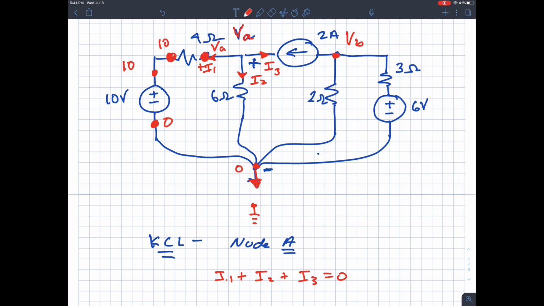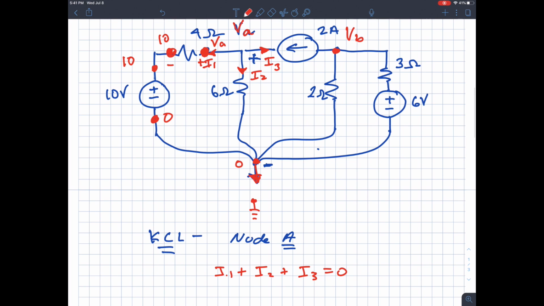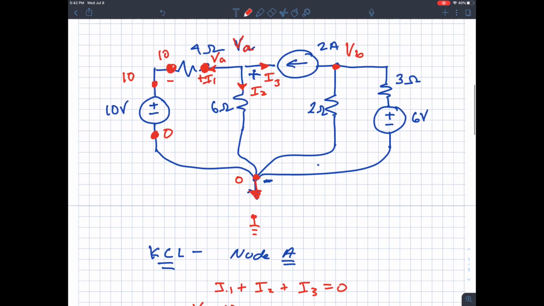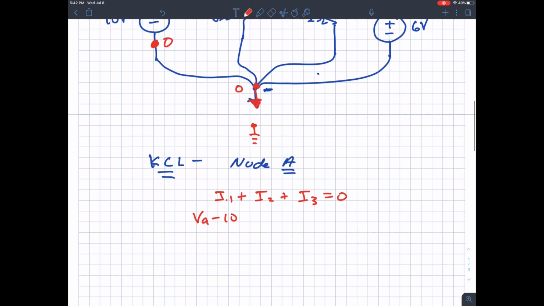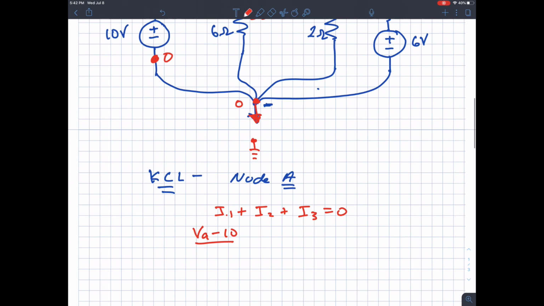We put a plus on the first side of the dot and a minus on the second side, and we say that's the voltage across that resistor. So I can write down the voltage across the resistor as VA minus 10. Then according to Ohm's law, if I divide by the resistance, I would have I1. The resistance in this problem was 4. So boom, I'm done.